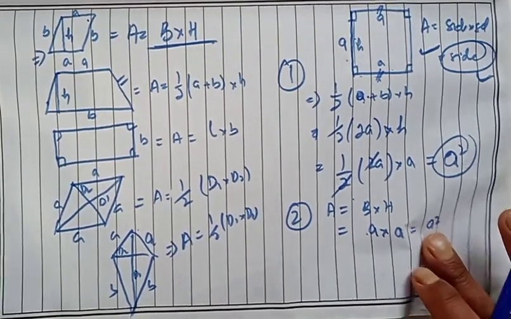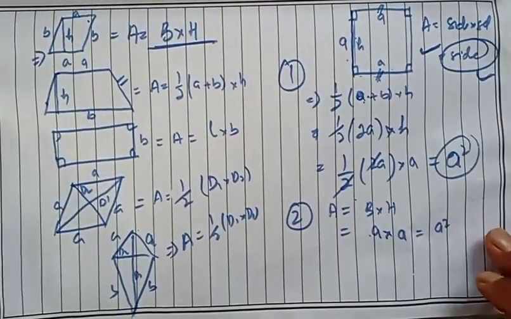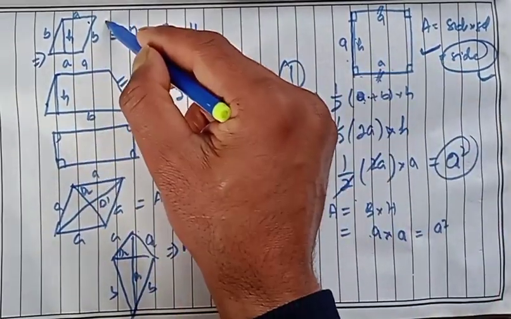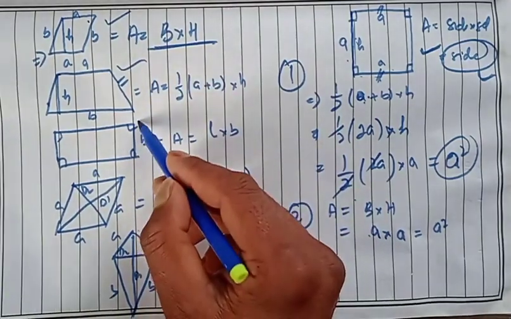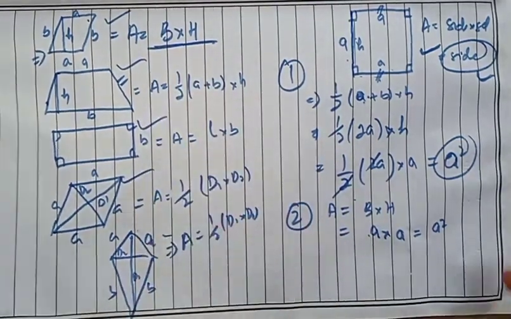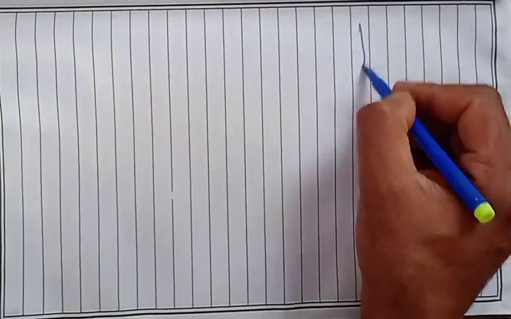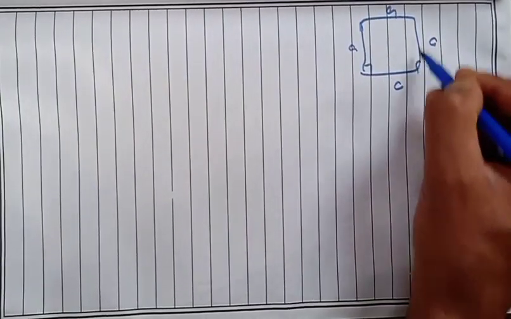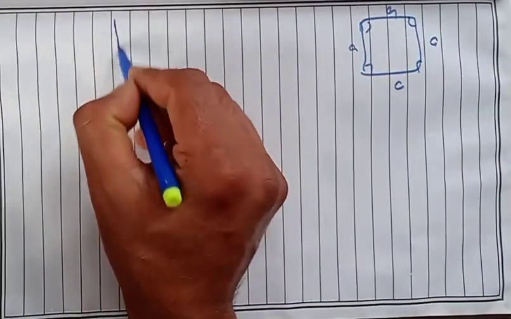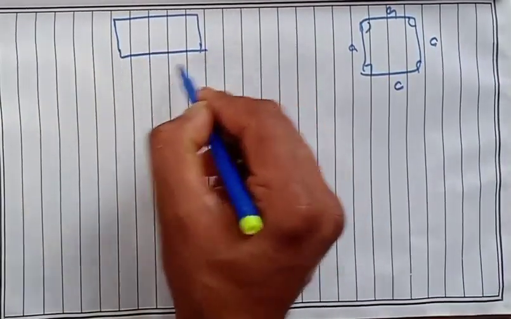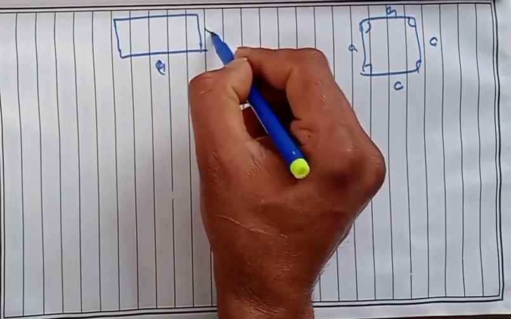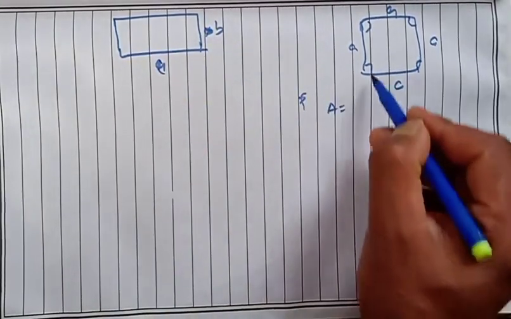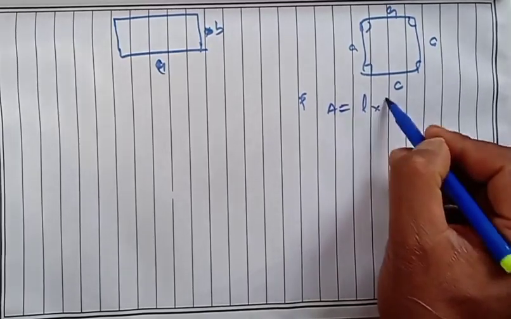Now the third case will be, we have applied the formula of parallelogram and trapezium. We will now use rectangle, rhombus and kite. Suppose that this is a square A, these are the sides and these are the angles, each 90 degrees, and let's choose, suppose that this is the rectangle, its length is L and its breadth is B. Suppose the area is equal to length into breadth.